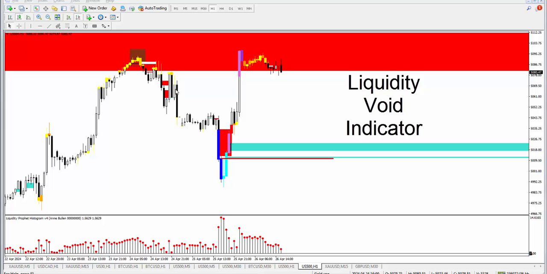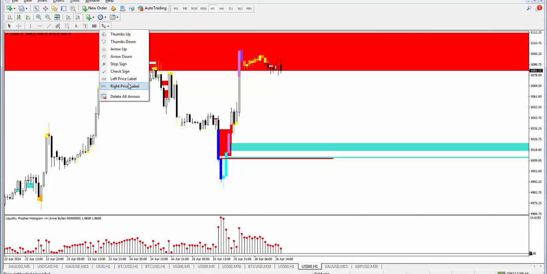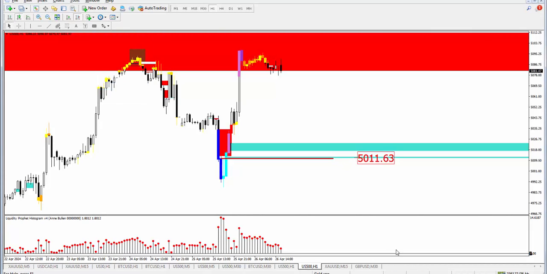So with the liquidity void indicator on the chart, you can actually see that we've got a very thin void sitting just above this level here. So I would be pretty sure that that would be my level to take a trade. But I don't have to guess because I've got the liquidity map which tells me when liquidity is being generated, and I've also got the histogram.